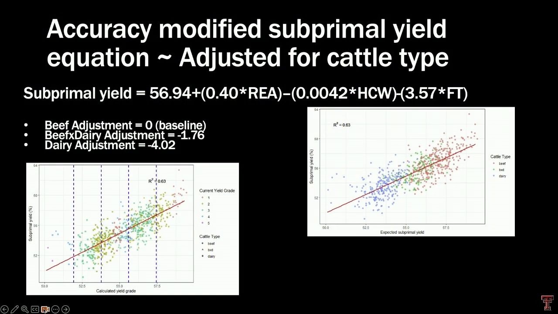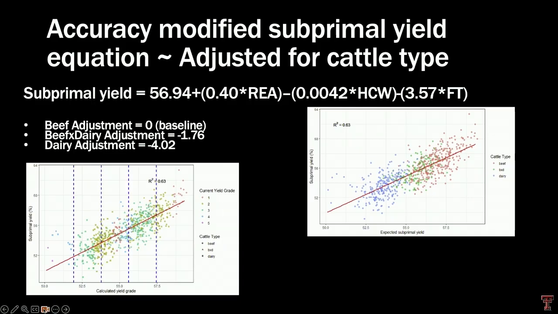But nonetheless, when we fix the equation, this is new math. This is not the same equation you learned in 1965 at K-State or elsewhere. This is a new equation that we developed, and we get up to R-square values of about 0.63, meaning we can get to a D level, academically speaking, if we change the math.